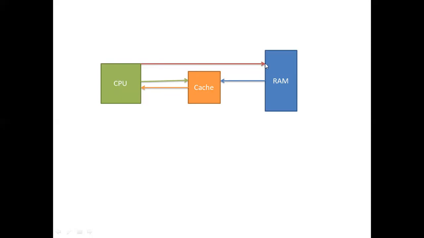I call it a distance because of this image here. Otherwise it would not be efficient enough, and it would be very slow by the time it gets information from the RAM. That's why there's a cache in the middle, and that is how it works. It gets information from the RAM, and the CPU is able to fetch information from the cache memory. So it's just an easier and faster way of retrieving information.